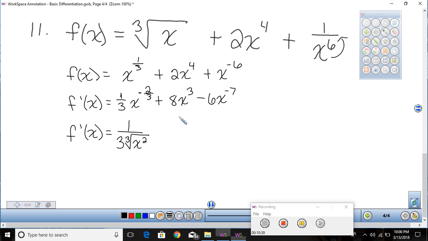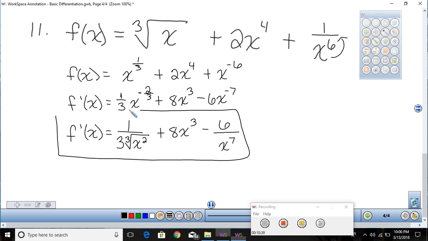Oh, look at me trying to take the derivative. Just 8x to the 3rd. We've already taken the derivative. Alright, and then I've got negative 6 over, this would be x to the positive 7. And you are done.